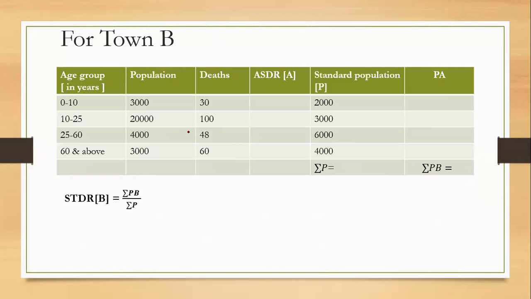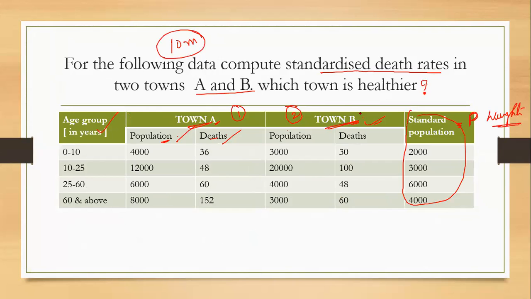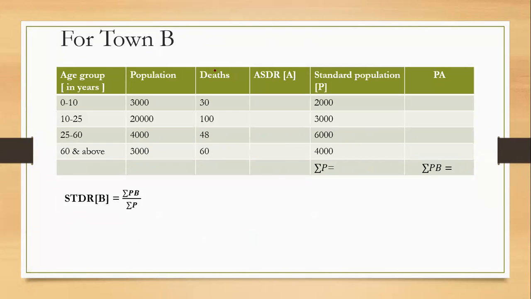For population, you are considering the population of town B, that is this. Also you are considering the death number here, along with the standard population. Now first you calculate ASDR. Give me the answer for ASDR.